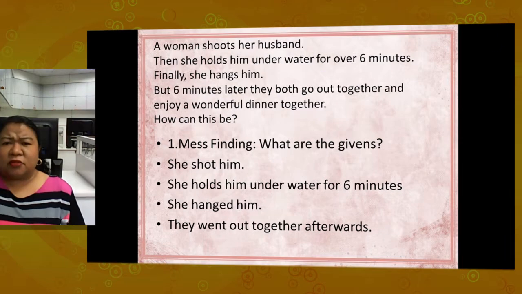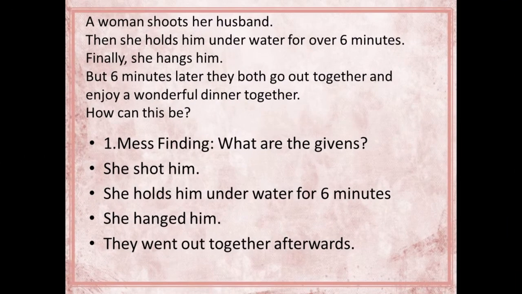A woman shoots her husband, then she holds him underwater for 6 minutes. Finally, she hangs him. But 6 minutes later, they both go out together and enjoy a wonderful dinner. How can this be?